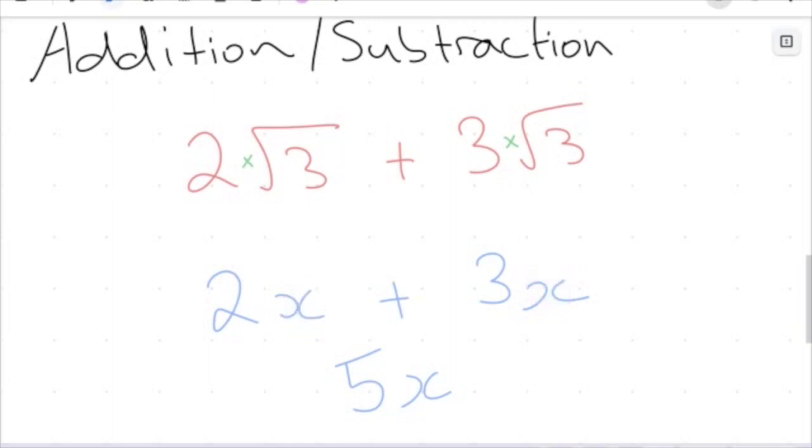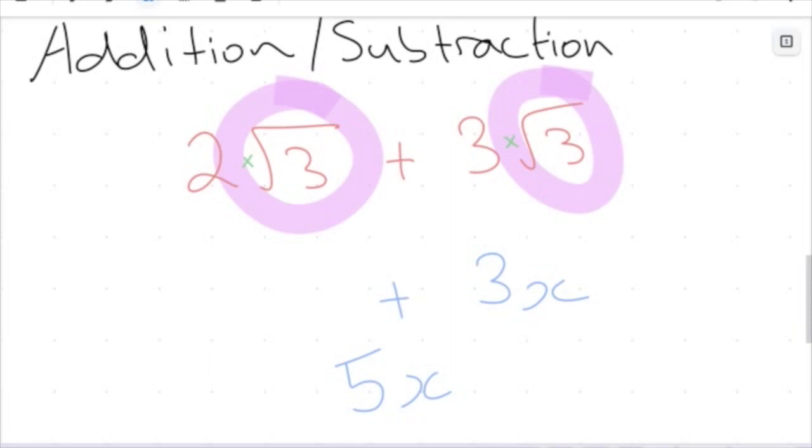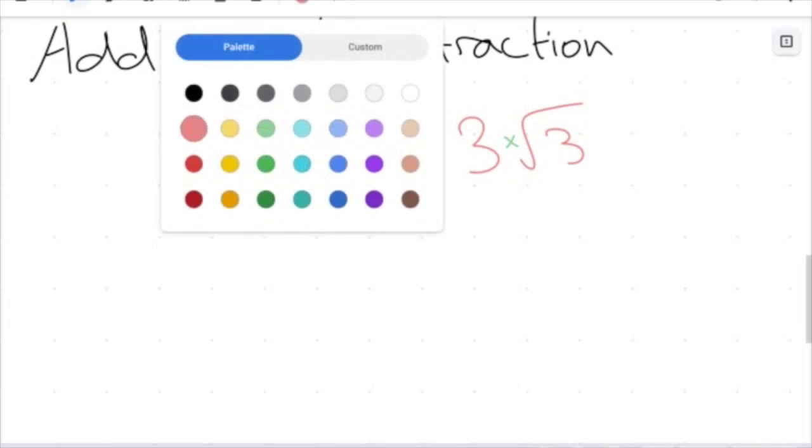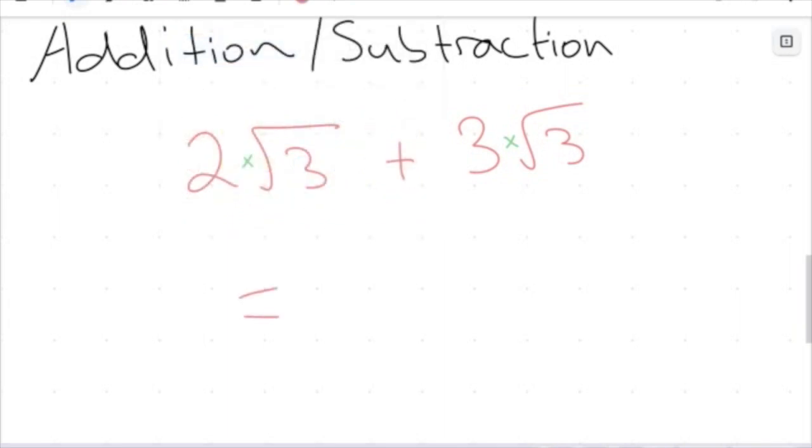So substituting any number into this, I'm always going to get 5 lots of that number. So that number in this case is root 3. I have 2 lots of root 3. I'm adding it to 3 lots of root 3. So I wind up with 5 lots of root 3.